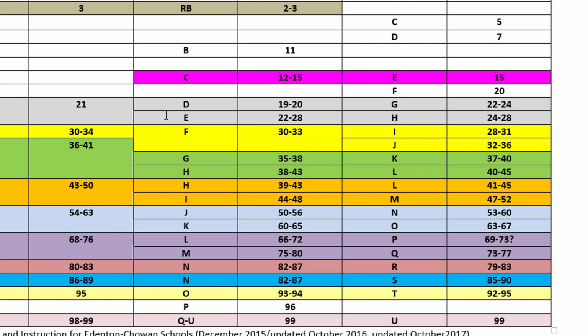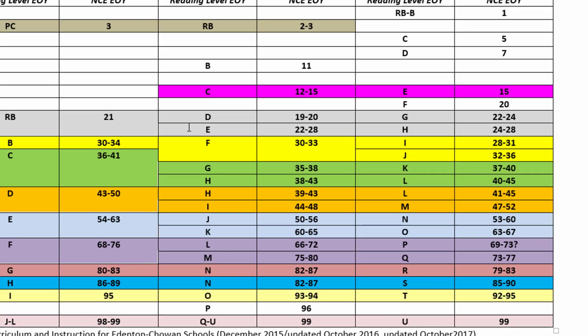Maybe there is an issue with the student's learning that needs to be investigated further. So all of these things can be used to help the students make the growth that they need to make based on the data that has been collected over these past several years.